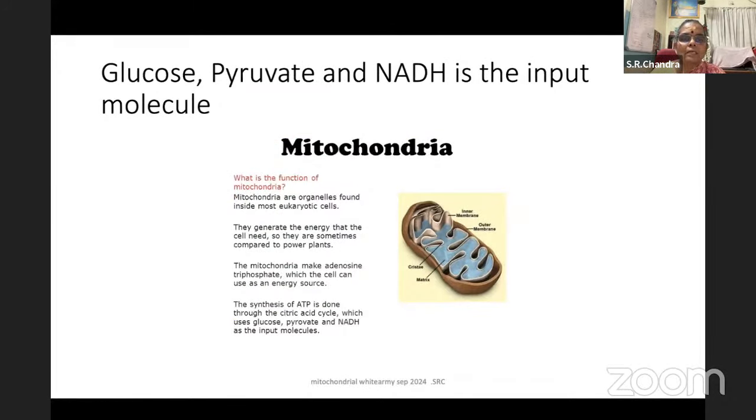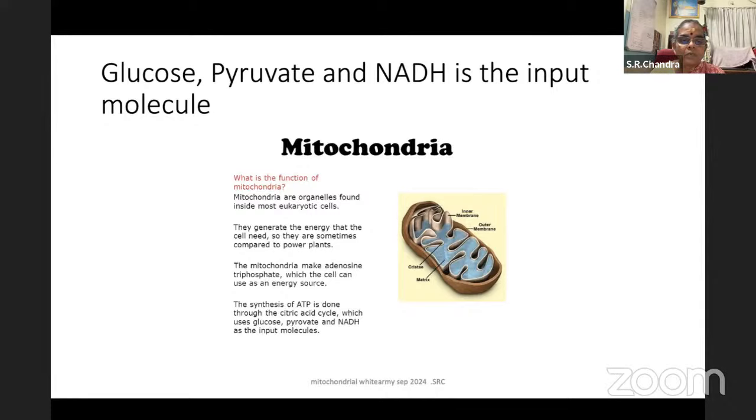Mitochondria are organelles found inside most eukaryotic cells. They generate the energy that the cells need, so they are sometimes compared to power plants. So it's like the power plant. The mitochondria makes adenosine triphosphate, which the cell can use as an energy source.